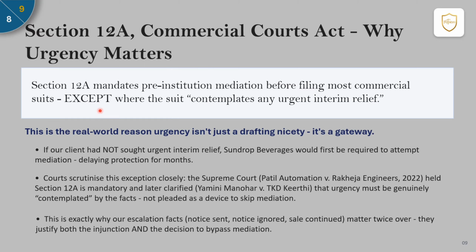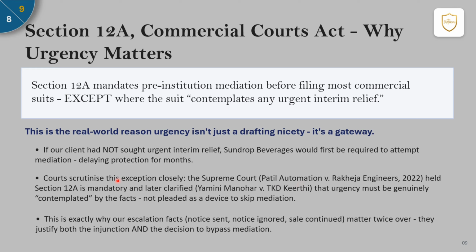There is an exception where the suit contemplates any urgent interim relief. The Supreme Court in Patel Automation versus Rakeja Engineers in 2022 confirmed that this mediation requirement is mandatory and not optional.